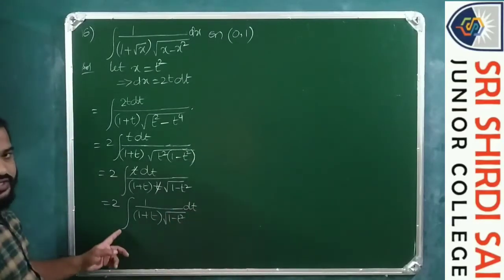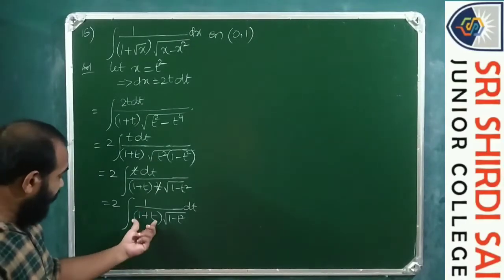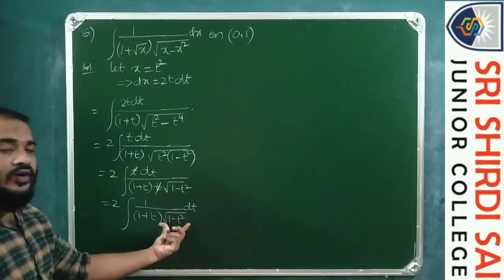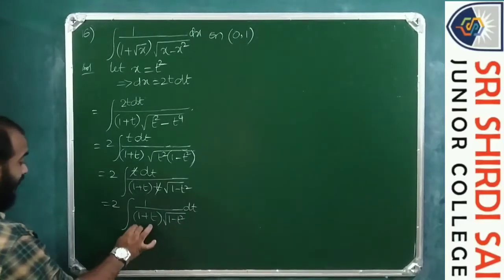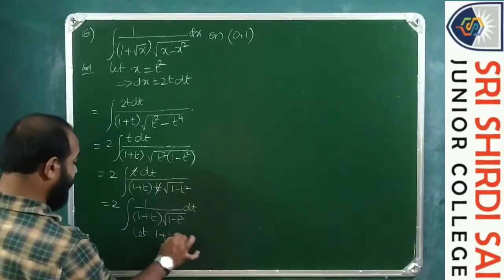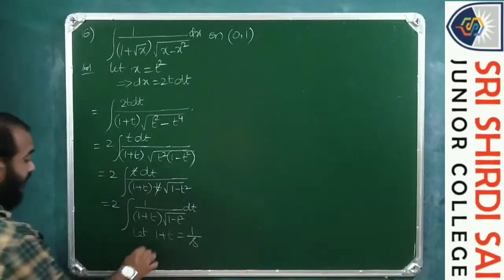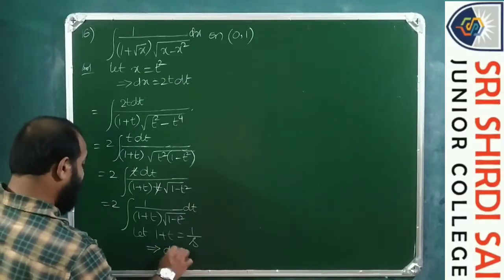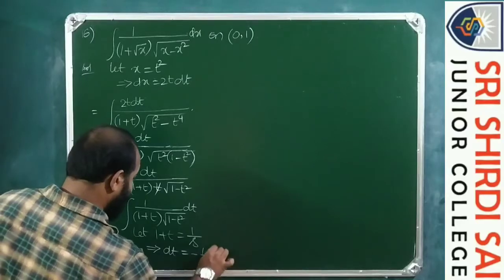So this is the special integral where the denominator contains a linear expression and a quadratic expression. So this is of a special type. So let 1 plus t equals 1 by s, we will take. Now differentiate: dt is equals to minus 1 by s square ds.